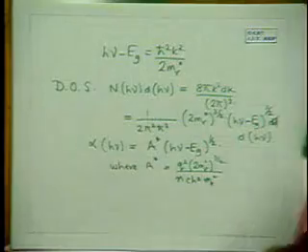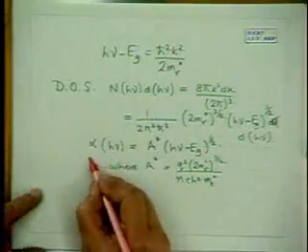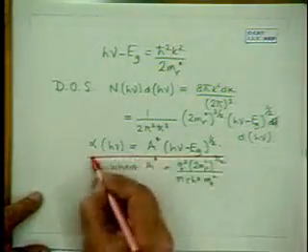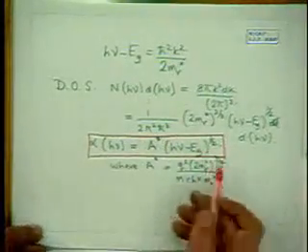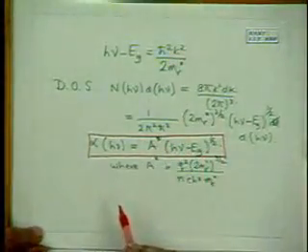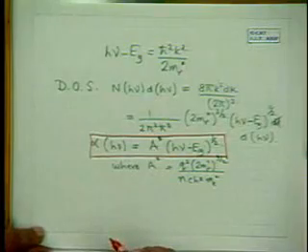So for direct allowed transitions, we have a very important relation that alpha is going as h nu minus Eg to the power half.